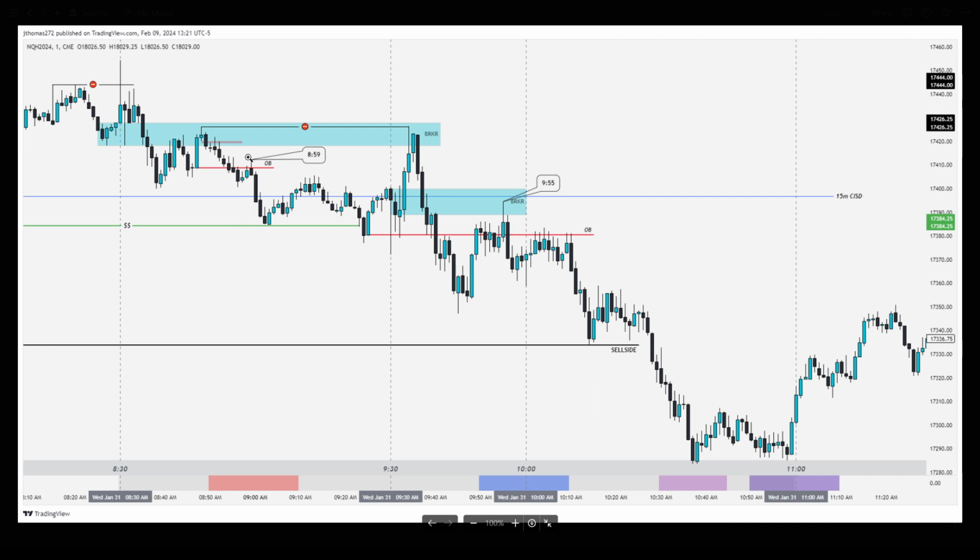But if we are entering here, maybe we're trying to hold all the way down to this sell side liquidity pool, we either have to take it off or we have to make sure our stop is at this high or above it, or above some sort of point of interest where we can accommodate a run up, potential stop out, and then trades back lower, which maybe you don't want to be in that move for it to come all the way up. Maybe you just want to take it off or reposition and wait for 9:30. But that's just different things you can test out and play around with.